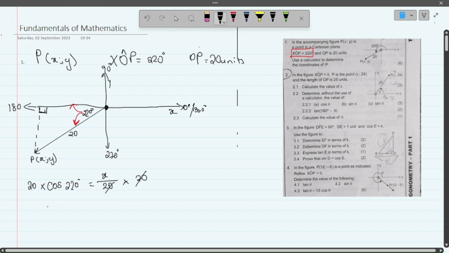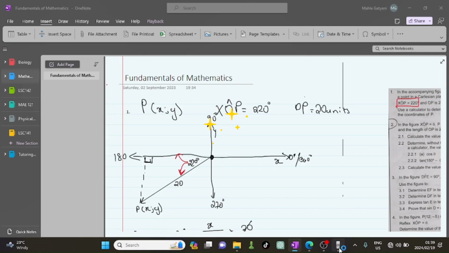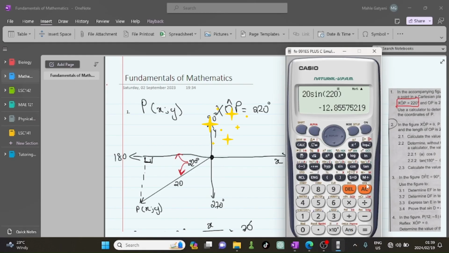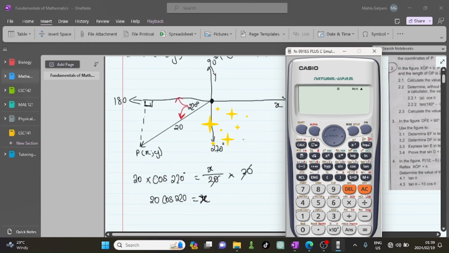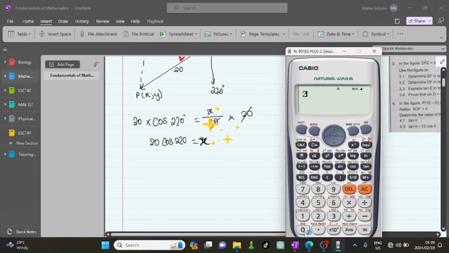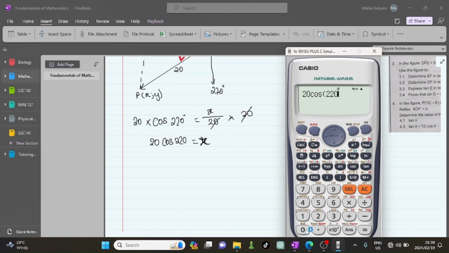So it says 20 cos 220 is equal to x. Let's use the calculator to find the value of x. It's 20 cos 220.